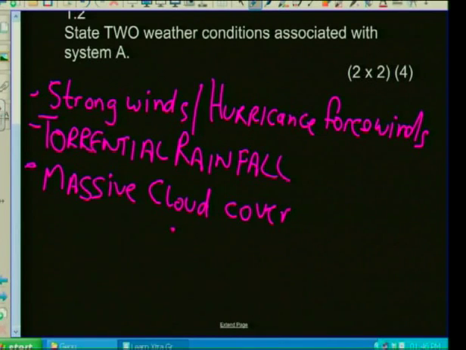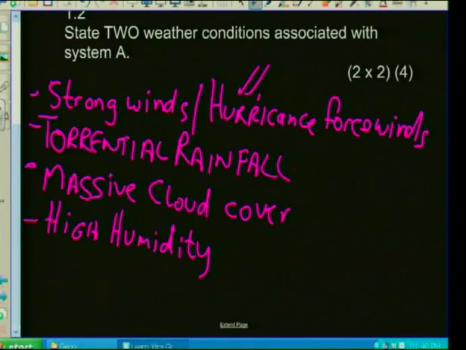We could also talk about high humidity. So there are various issues, but you've picked that up already from our little content discussion early on. But I like going with these ones first because these show us the definite weather conditions, torrential rainfall, strong winds, etc. Any 2, obviously, with a mark allocation would give you 4 marks.